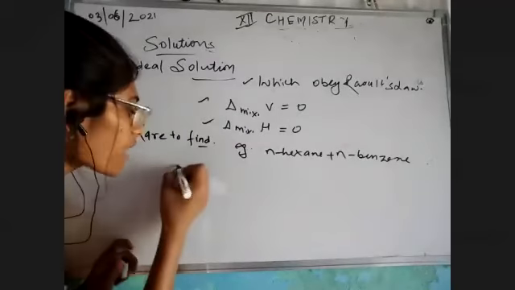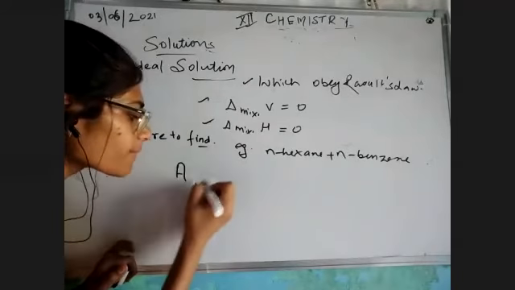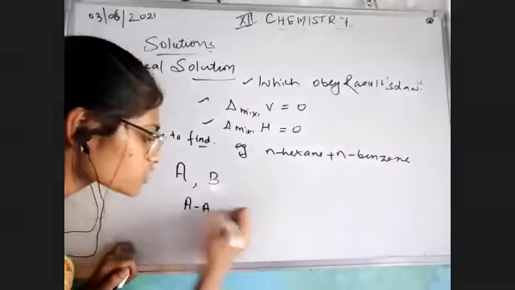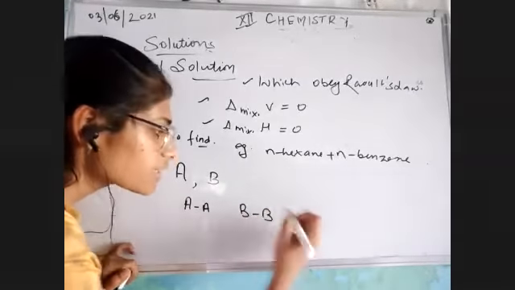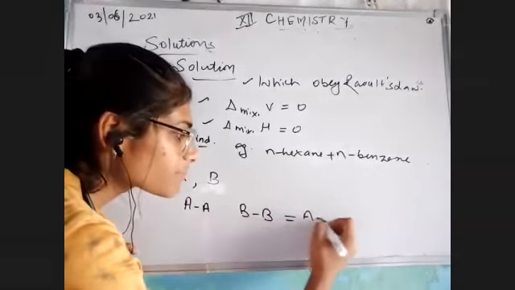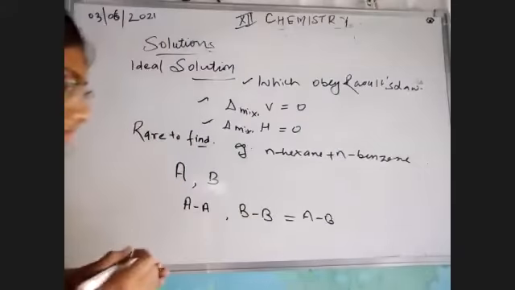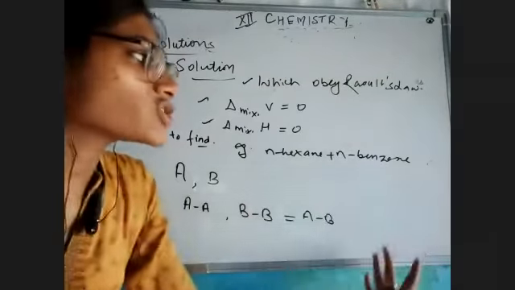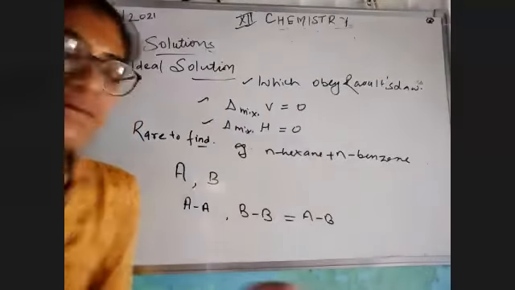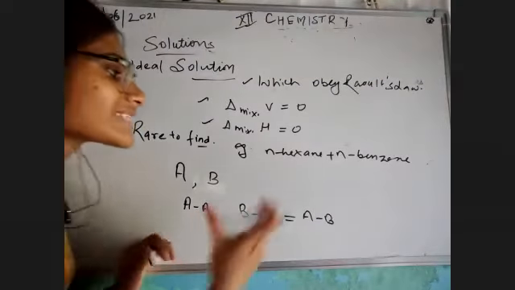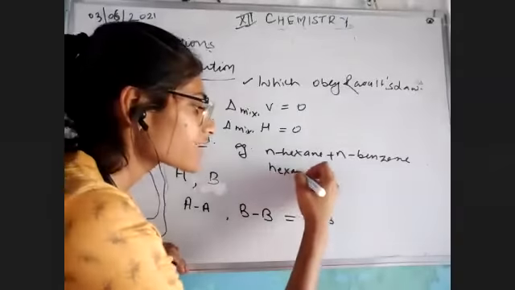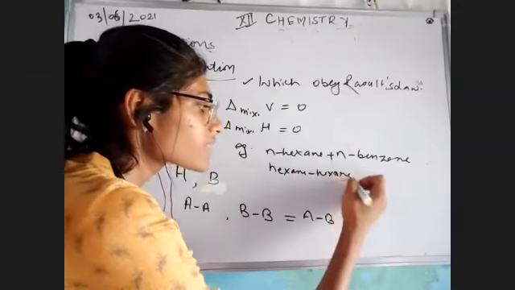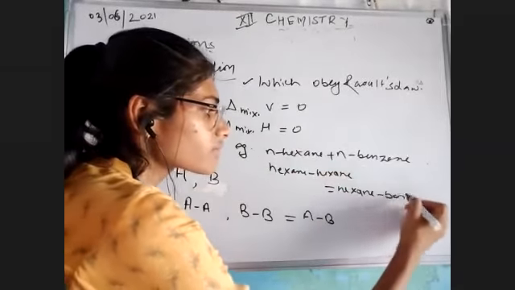See, according to ideal solution, if there are two components A and B, the AA interaction and the BB interaction is equal to the AB interaction. That means if we have two components, hexane and benzene, both liquids, then the hexane-hexane interaction is the same as the hexane-benzene interaction.